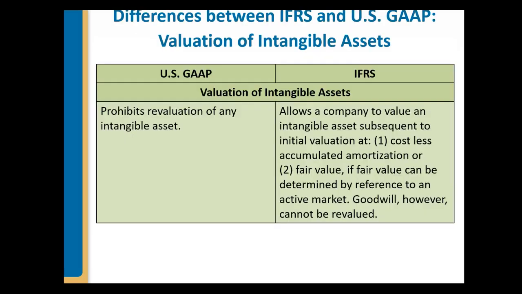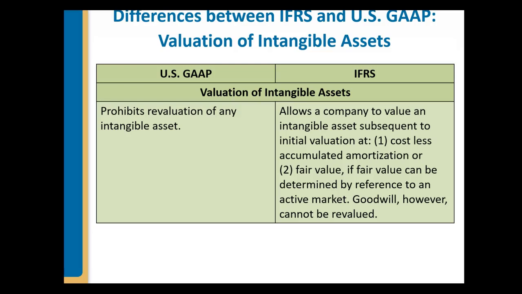IAS 38 allows a company to value an intangible asset subsequent to initial valuation at cost less accumulated amortization or at fair value, if fair value can be determined by reference to an active market.